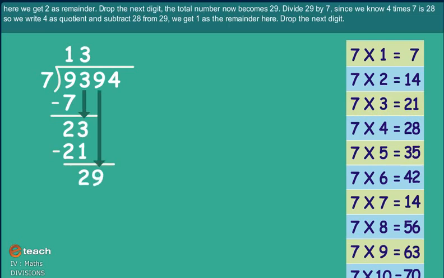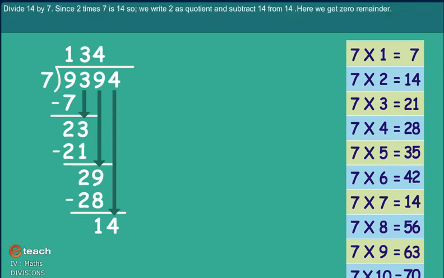Drop the next digit. Total it becomes 29. Divide 29 by 7. Since we know 4 times 7 is 28, we write 4 as quotient and subtract 28 from 29. Remainder we get 1. Drop the next digit. Divide 14 by 7.